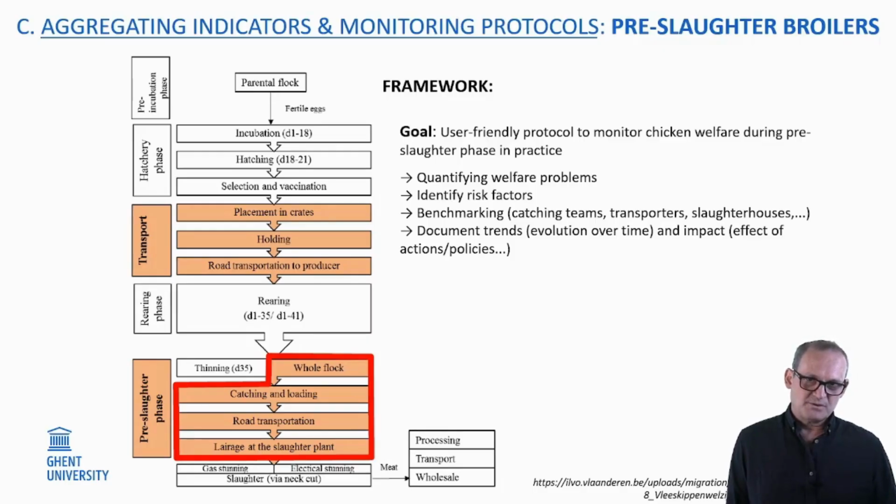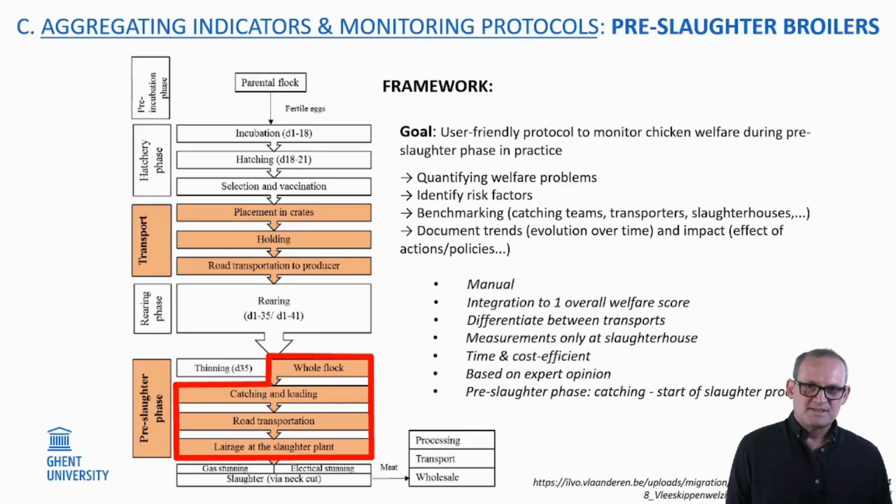It should allow also to identify risk factors, and it should be able to use the protocol for benchmarking, to benchmark catching teams, transport companies, slaughterhouses. And it should also allow to document trends, for example, evolution over time. Does the pre-slaughter welfare improve or deteriorate with time? And what is the impact of possible actions or policies that concern that stage?